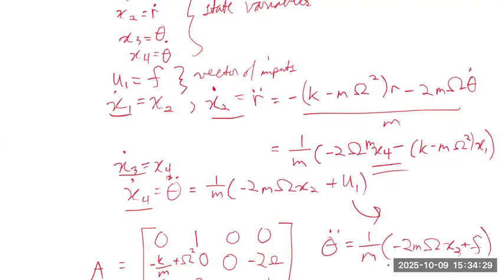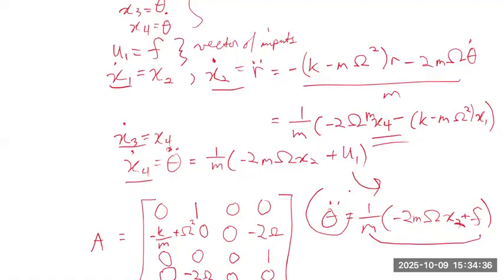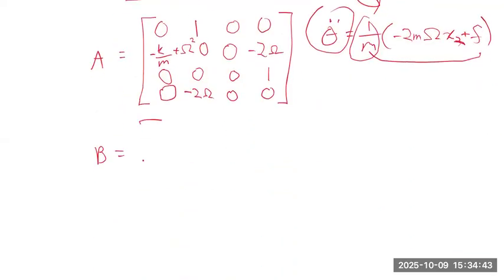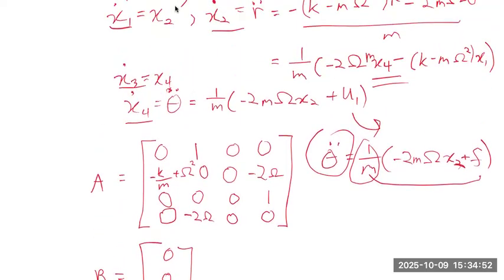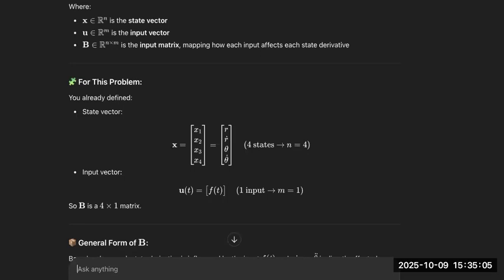Thus we see that we only have one input term and it appears in the theta double dot equation, with coefficient 1 over m. So we put 1 over m in the matrix. So you have 0, 0, 0, and 1 over m for B. And why is it on the fourth one? Because, as we saw previously, we have 4 states, or n equals 4, but one input, which is m equals 1.